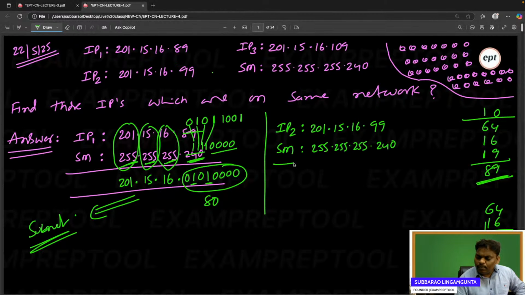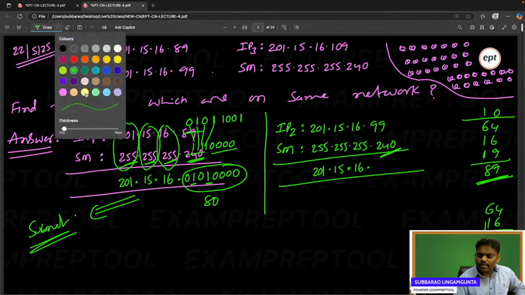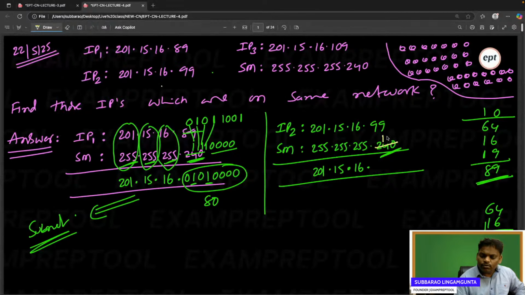If you do the AND operation, all ones AND anything is anything. Until now, fine. But in the last octet, all ones are not there, so convert into binary. Luckily the subnet mask is the same, so I can use the same thing: 4 ones followed by 4 zeros.